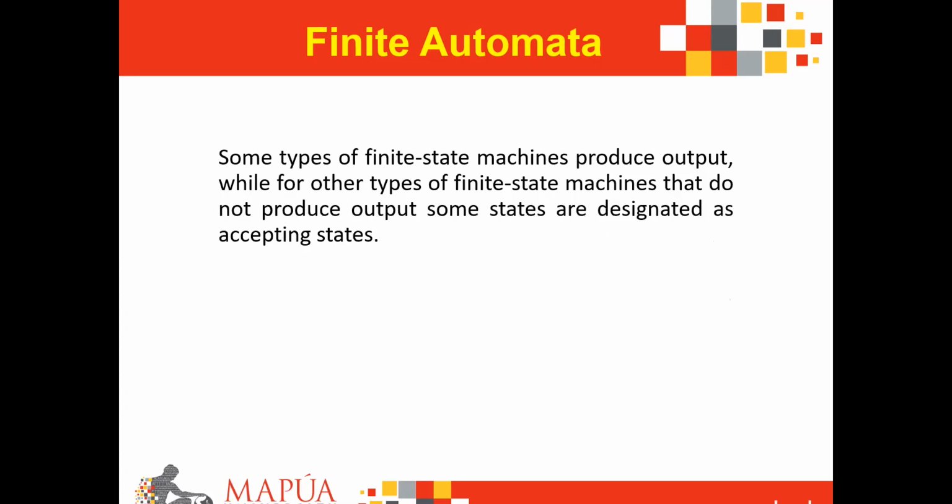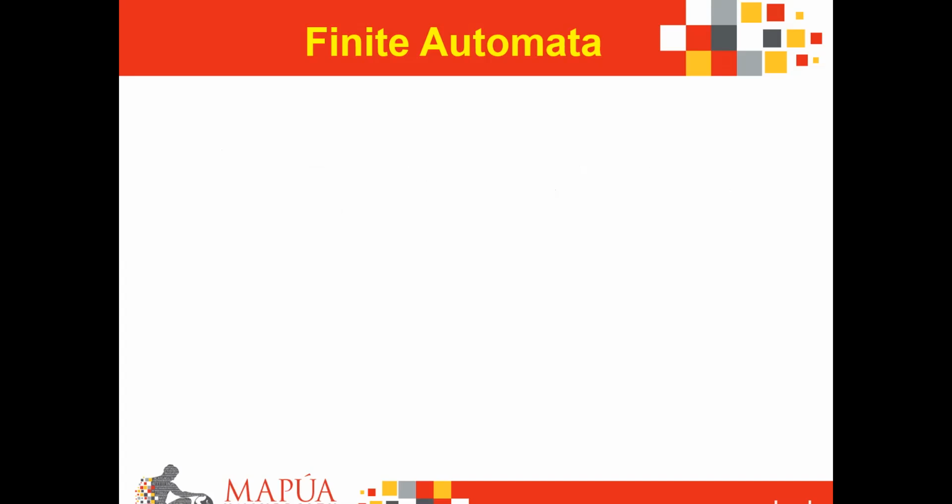Some types of finite state machines produce an output, while others do not. Some states are designated as accepting states.